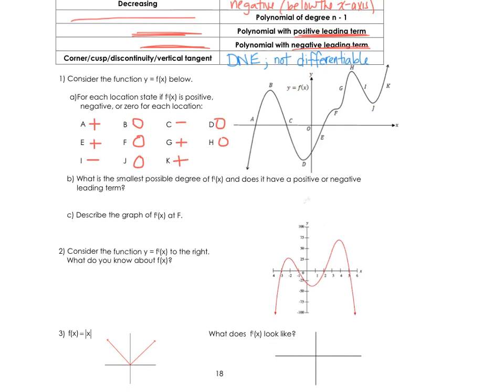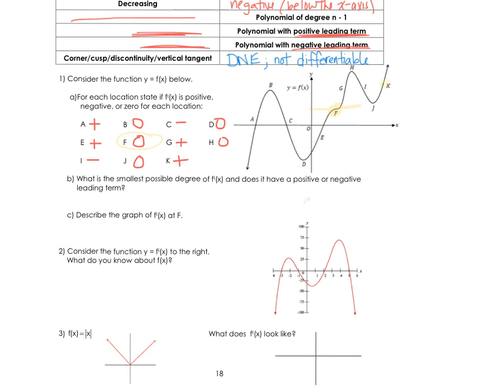Okay, so I'm going one at a time here. These are the answers for this. So if I'm just looking at, I'll take one of them randomly, if I'm looking at f, the question is, what's the derivative going to be there? If I draw in a tangent line there, is it going to be positive? Is it going to be negative? Or is it going to be 0? And in this case, it was 0. That is a horizontal tangent. If I draw in a tangent line, it will be 0.